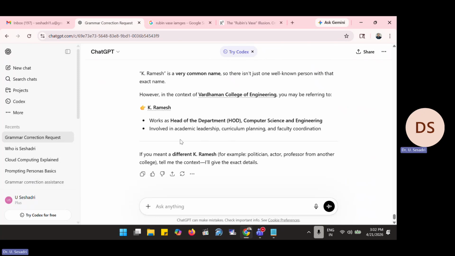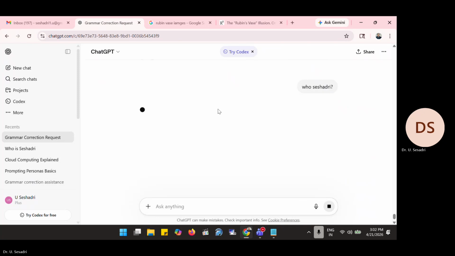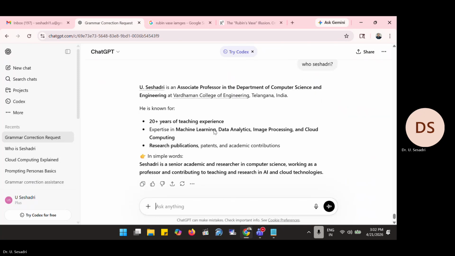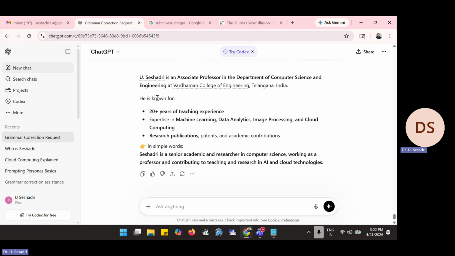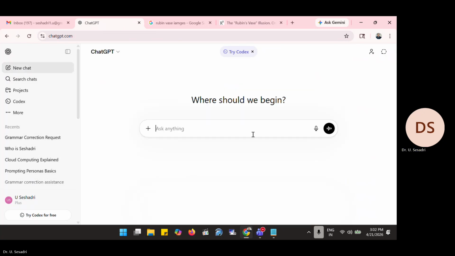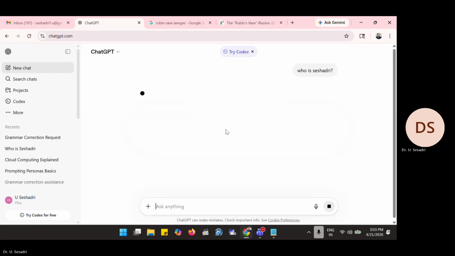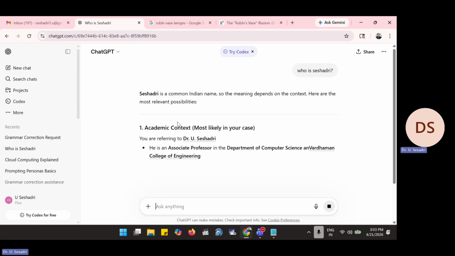This is my personal, that's why it is showing directly, right? When I give it as a new chat, see that?